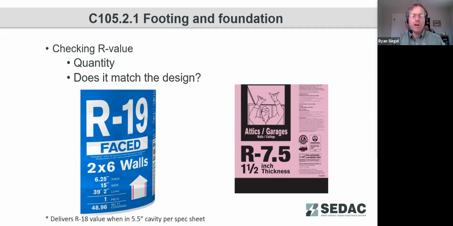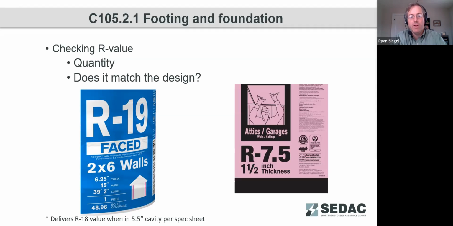So just being aware of that, and where we do have compression of insulation, that can diminish the performance. So similarly here, if the COMcheck says this is an R19, that would be an incorrect COMcheck, because as it's installed, it's only an R18.